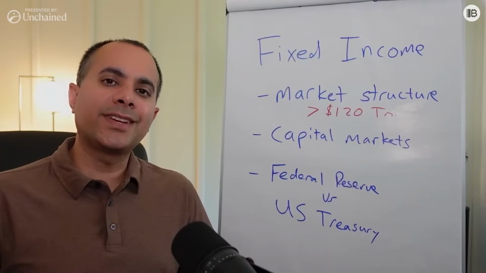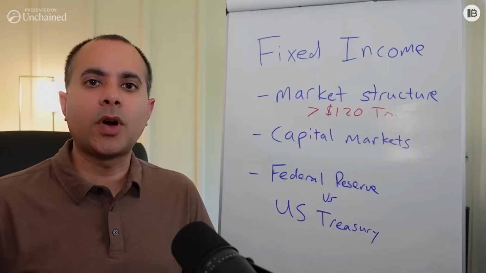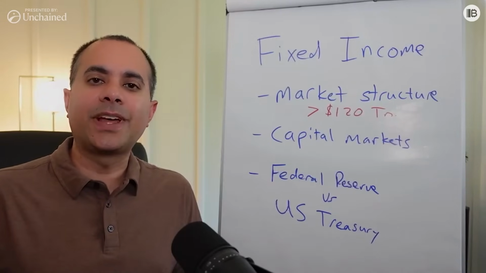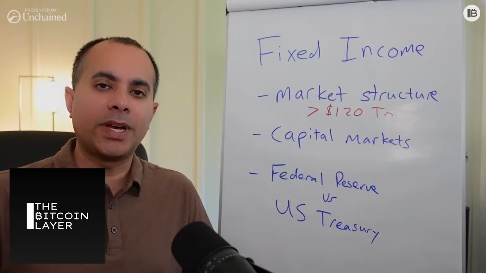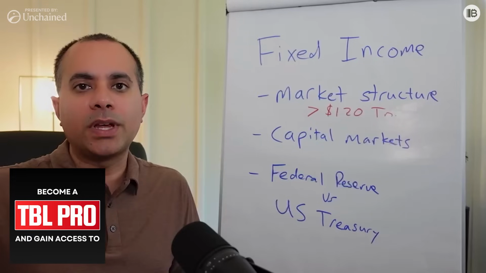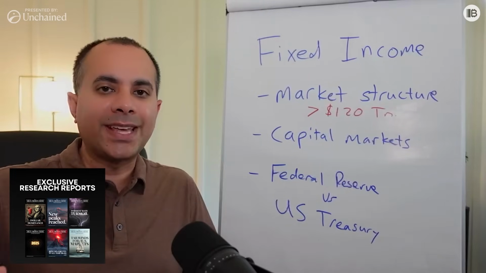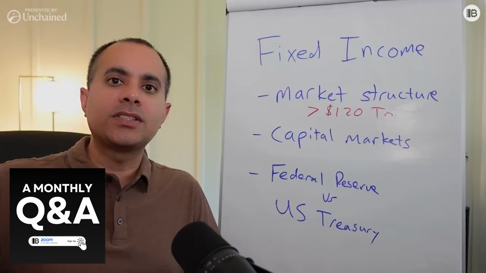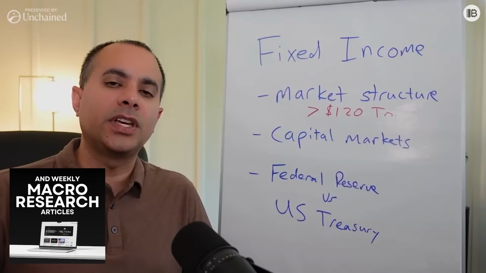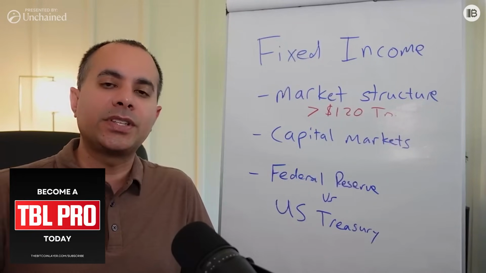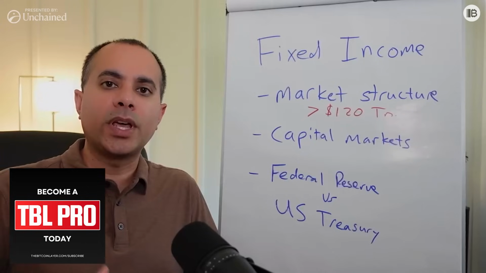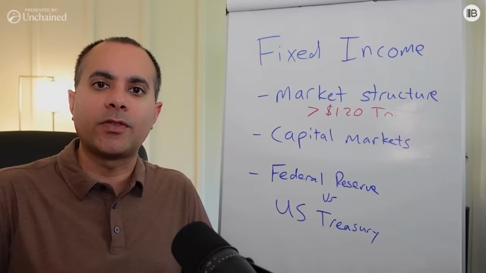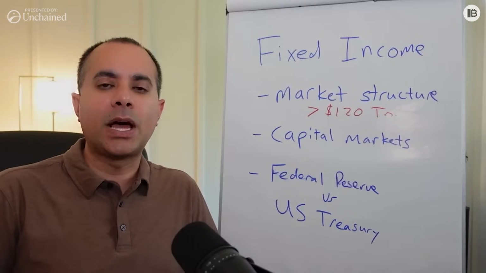One of the important things that governments use fixed income markets for is developmental projects. So a government can borrow money, build out infrastructure, and hope that that infrastructure build out then increases the productive capacity of the economy, thereby increasing economic growth and bringing more tax revenue into the government to eventually pay down that borrowing.